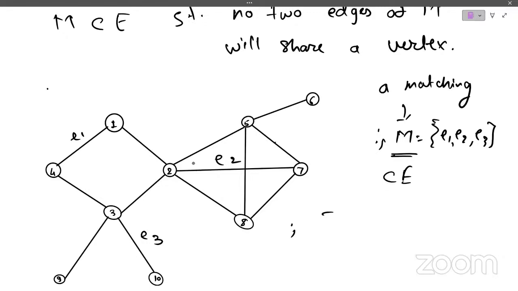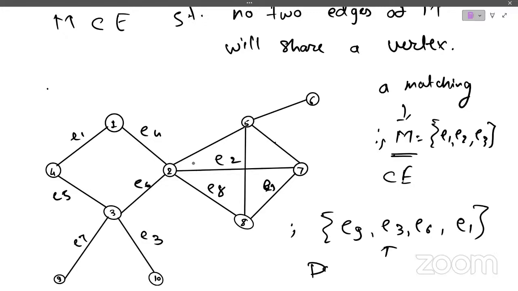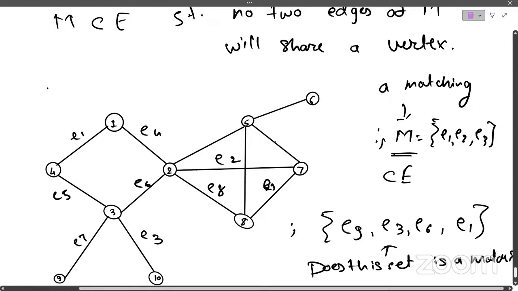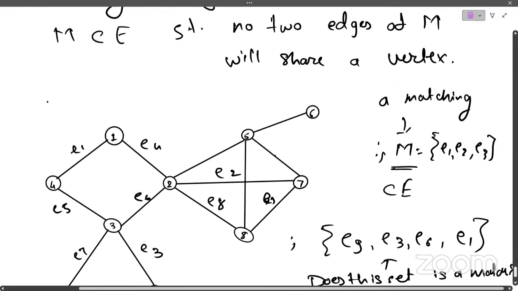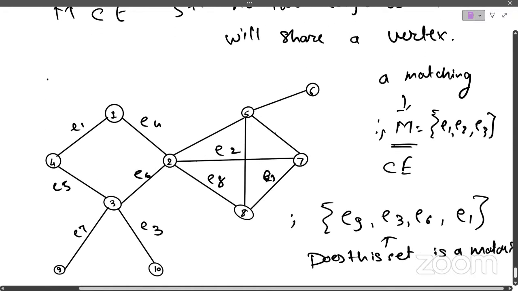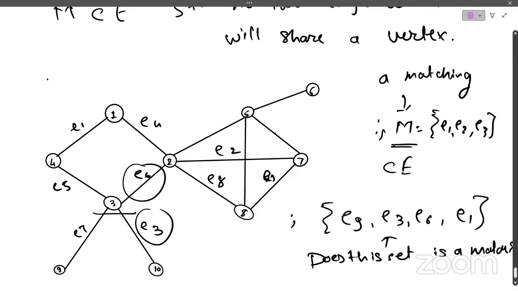For example, consider this set, E1, E2, E3, E4, E5, E6, E7, E8, E9. Suppose I take E9, E3, E6, E1. Is this set a matching? No, because it's sharing vertex 3. E3 and E6 have a common endpoint, which is 3.